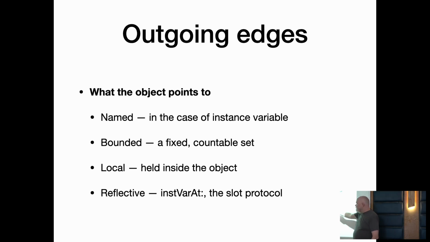So it's fixed, and this looks controllable. And it's local, so we just need to look at the object to know them, and very nice, it's reflective. We have an API so that, at runtime, we can ask for all the instance variables, we can know how big an array is, and we can access it. So this is very nice.